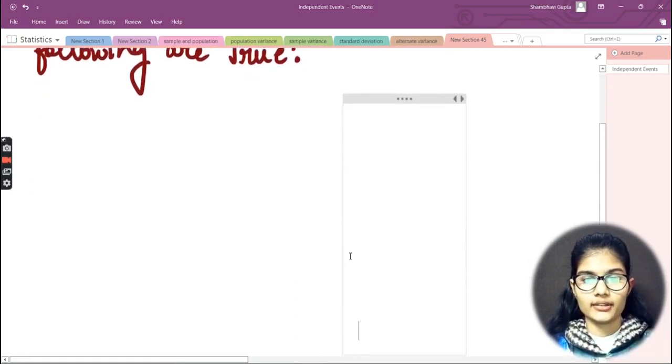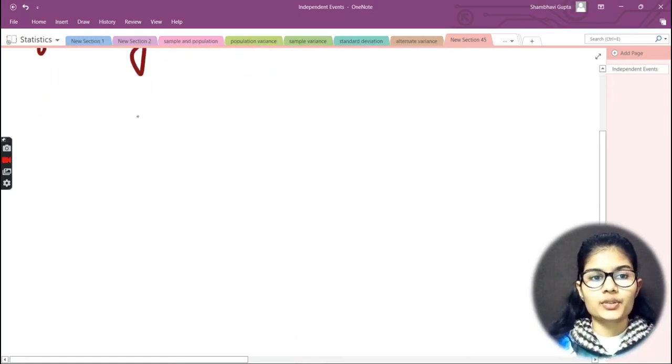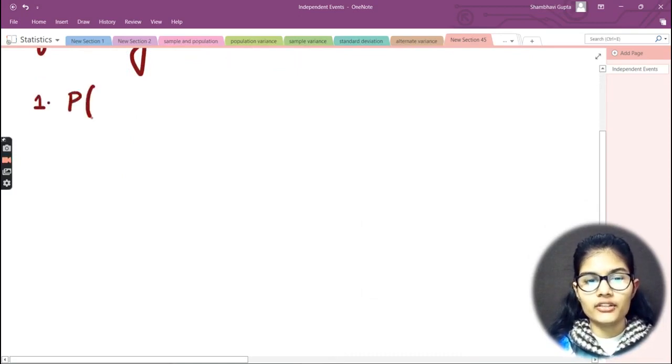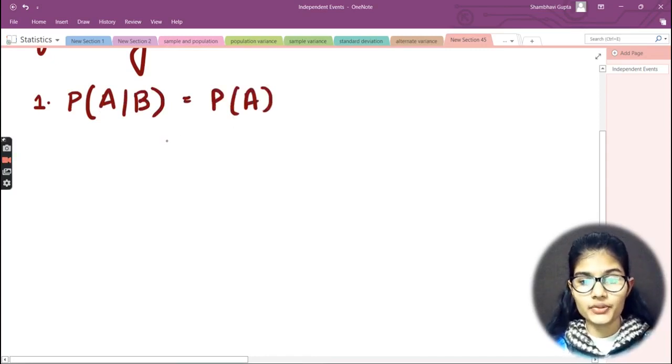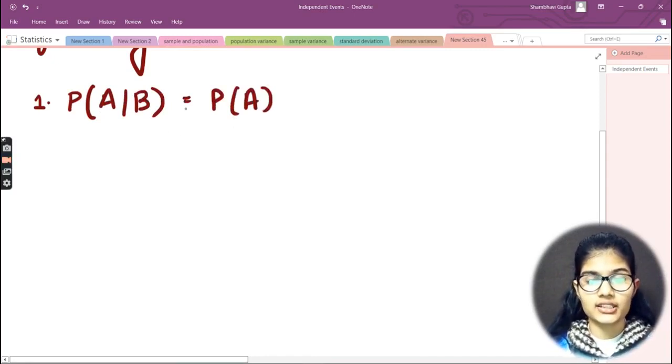Let me write it down right here. The very first condition is that the probability of A given B is the probability of A. This is the very first condition that has to be satisfied when you are checking whether the respective events are independent or not.